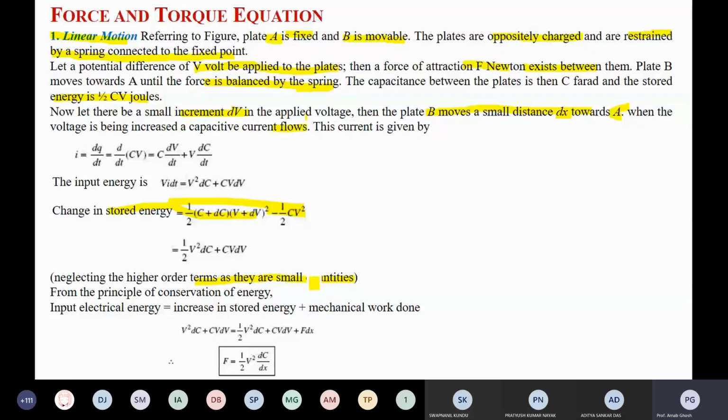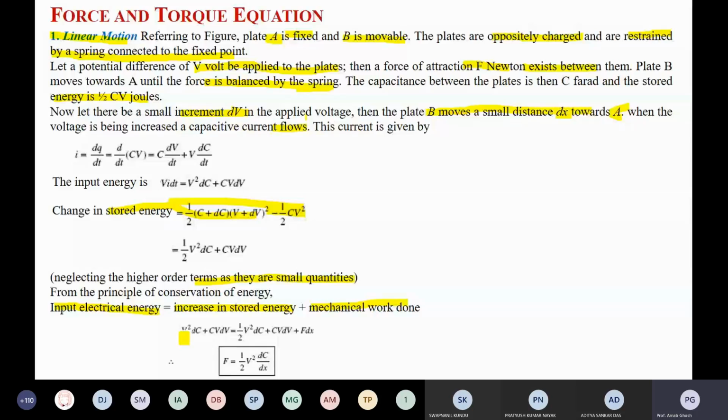Finally, F equals half V square dC/dx. So again your force is proportional to V square. Initially, in the electrodynamometer-type meter, your total torque or force is proportional to I square. Now the static instrument is proportional to V square.